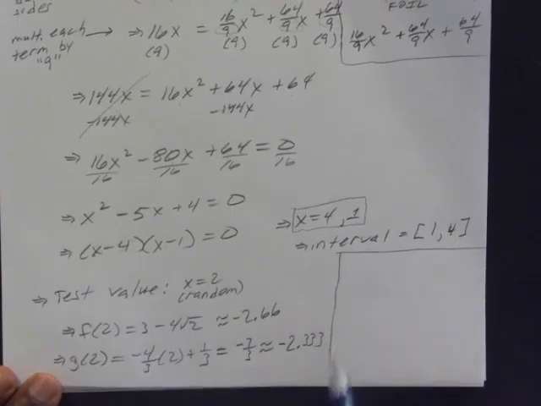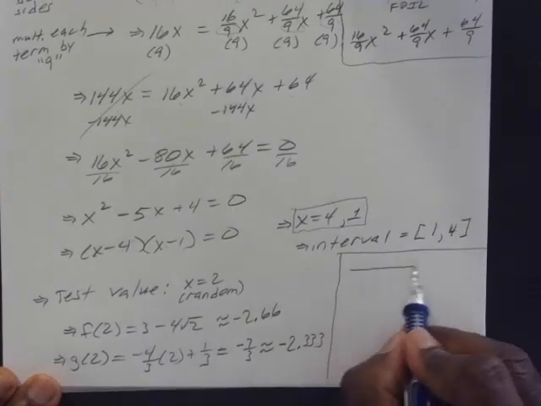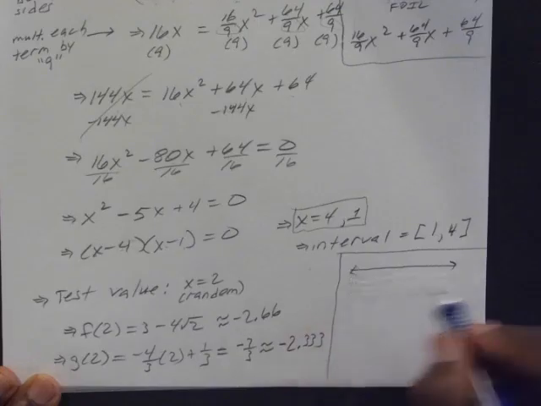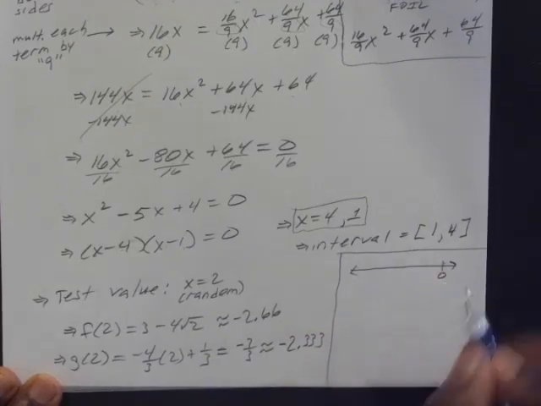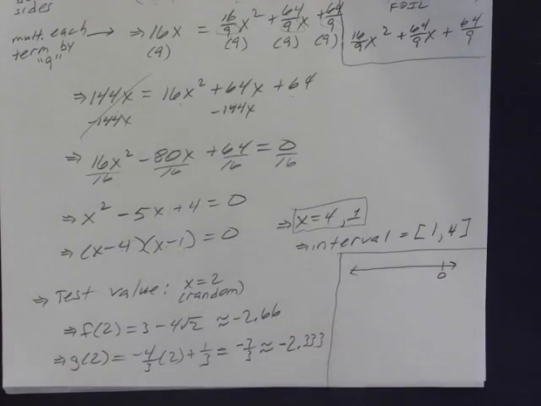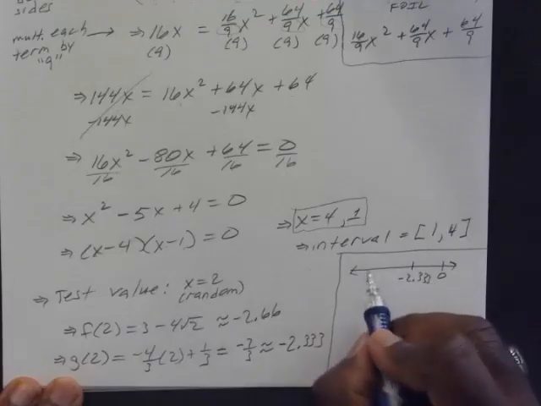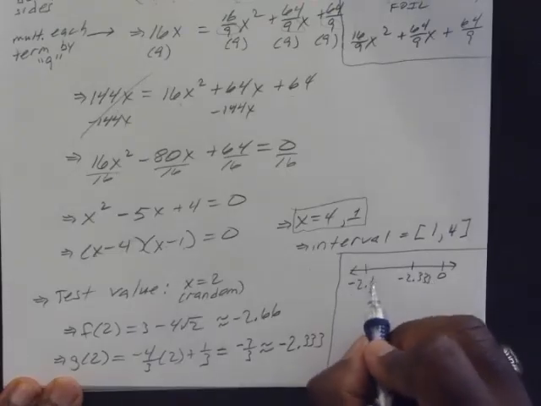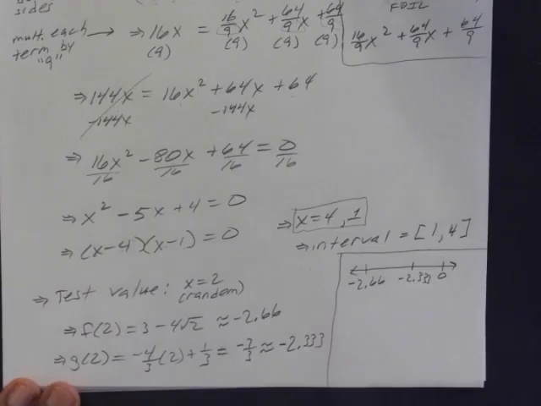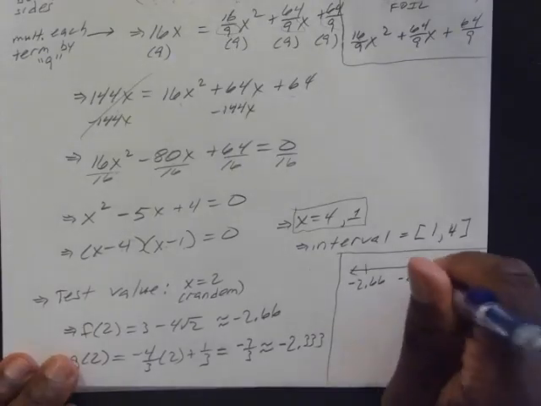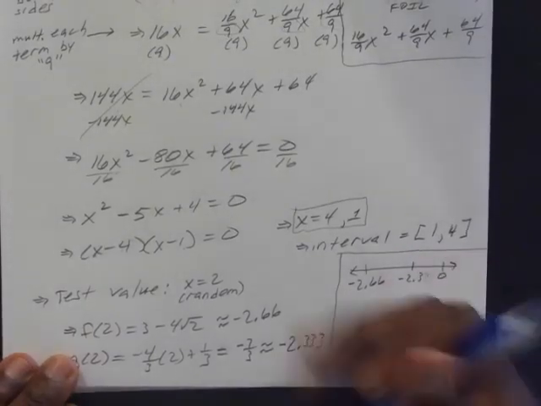All right, so we can see here that if we look on the number line, say this is 0. We have negative 2.333 is actually greater than negative 2.66. Make that 3 a little neater.